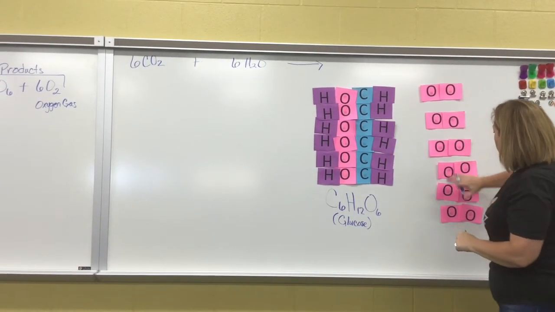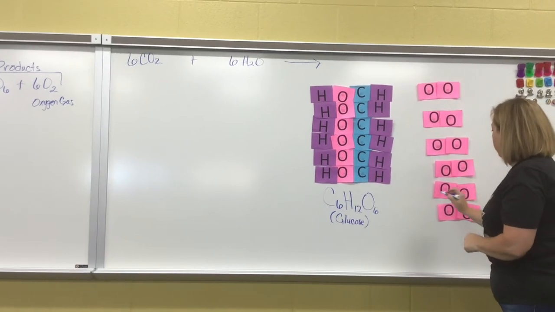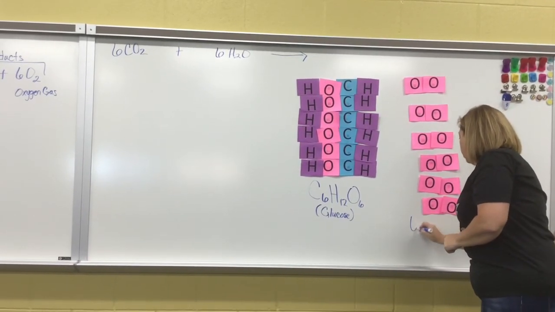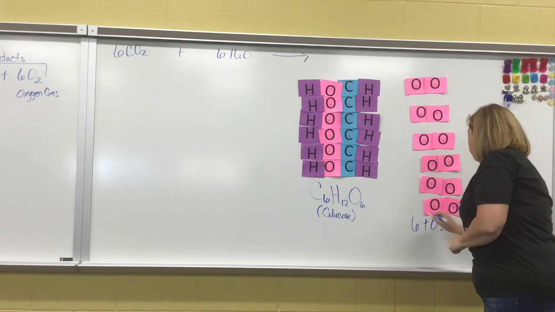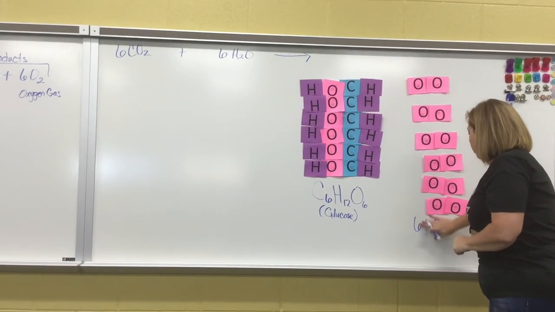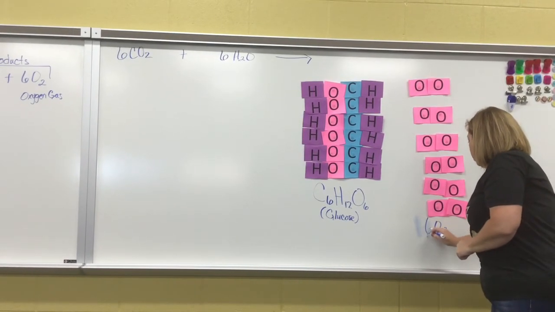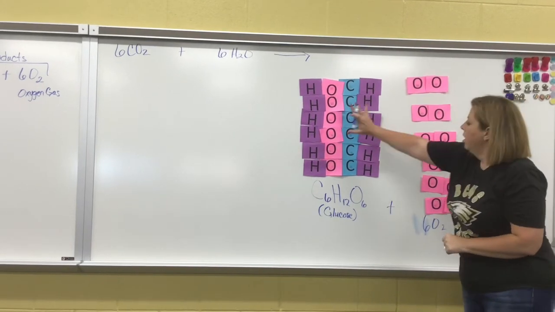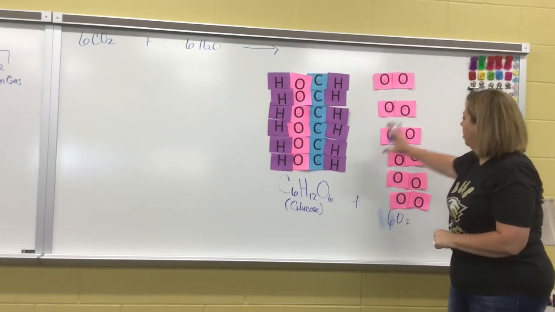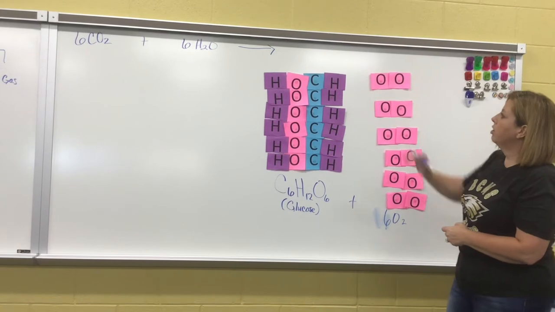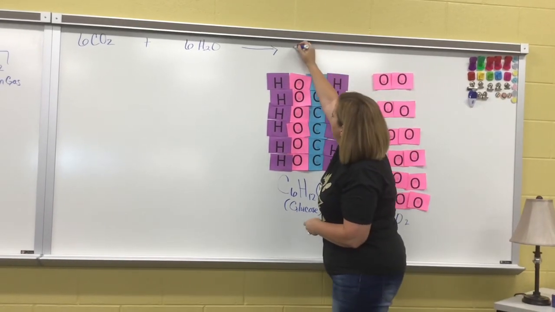So I've got 1, 2, 3, 4, 5, 6 O2, the plus goes here. So this glucose plus these 6 oxygen molecules now make the other part of my equation.